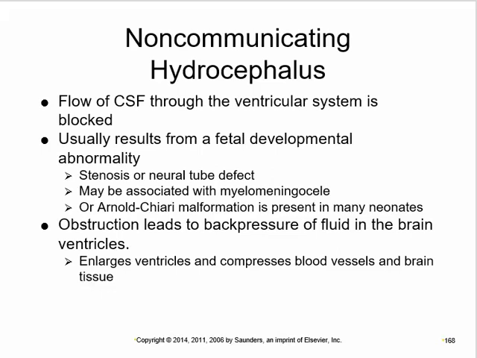And one of these areas is blocked. So we're making the cerebrospinal fluid at the choroid plexus, and then it's not flowing through the ventricle system and therefore accumulates. So it's some sort of a developmental abnormality, a defect within the neural tube.